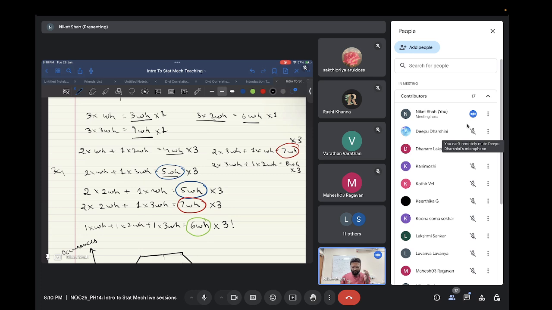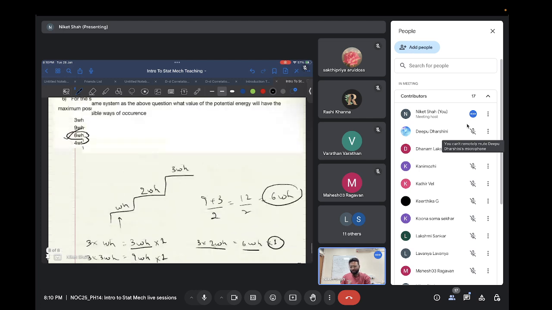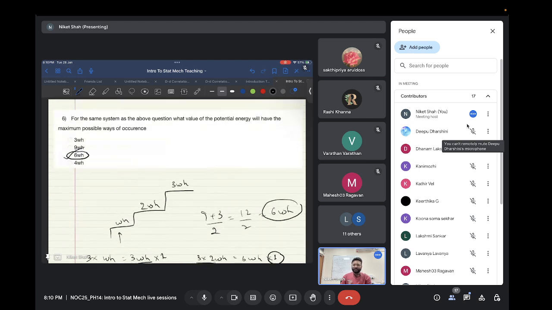I hope this is clear. Now once this is clear, what we are asking is the maximum possible occurrence of a particular potential energy. So 5 WH has 3 plus 3, which is 6. 7 WH has 3 plus 3, which is 6 again. But 6 WH has 3 factorial, which is 6 plus 1 here, which is 7. So that's why 6 WH is the answer. It has the maximum possible occurrences.